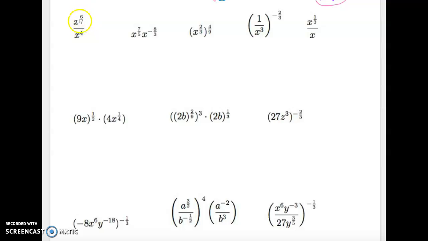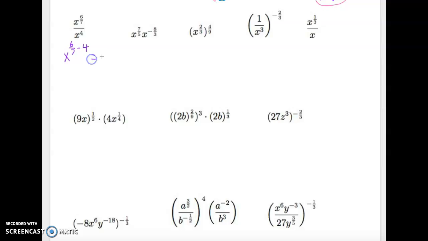So x to the 6/7 divided by x to the 4th. This would be an example where it might actually be nicer for you to do that subtraction problem. So if I do x to the 6/7 minus 4, let's do that in my calculator, 6/7 minus 4, and then I'm going to hit math, enter, enter.